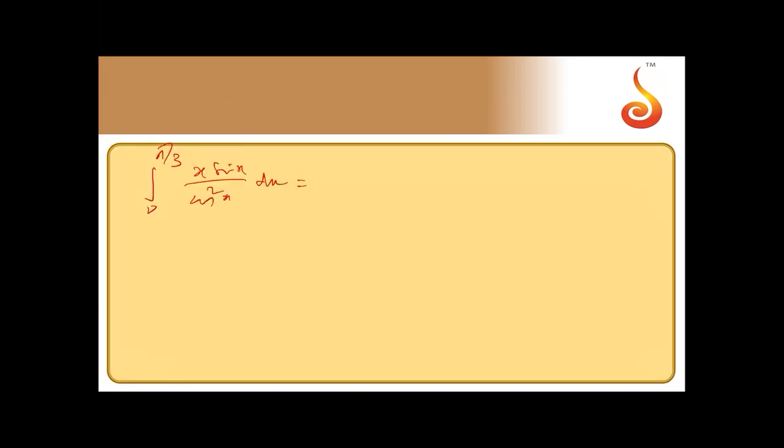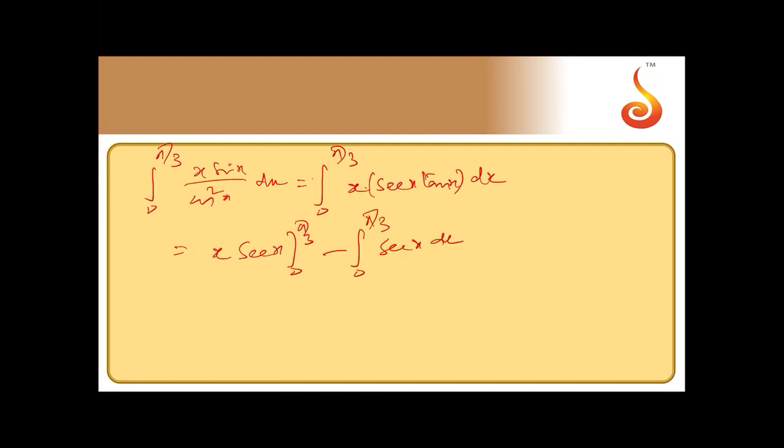Yes, of course, this can be solved by parts. 0 to pi by 3, x multiplied by secant x tan x. You know, secant x tan x is nothing but the derivative of secant x. So therefore, x into integral secant x tan x, which is secant x, limits from 0 to pi by 3, minus integration 0 to pi by 3, derivative of x, 1, secant x dx.